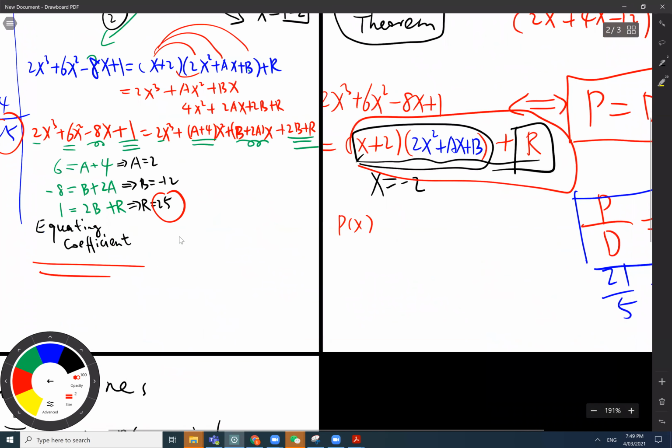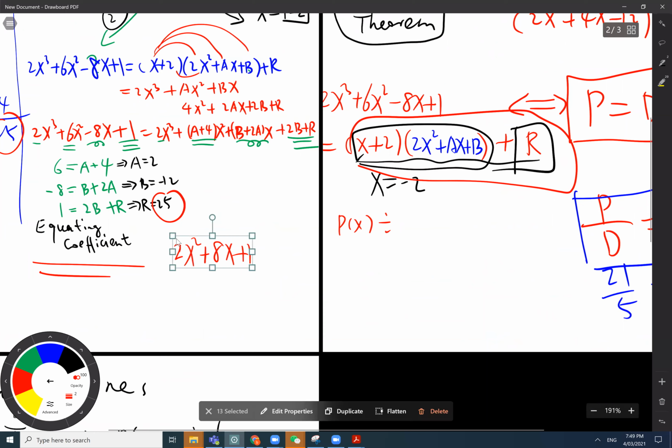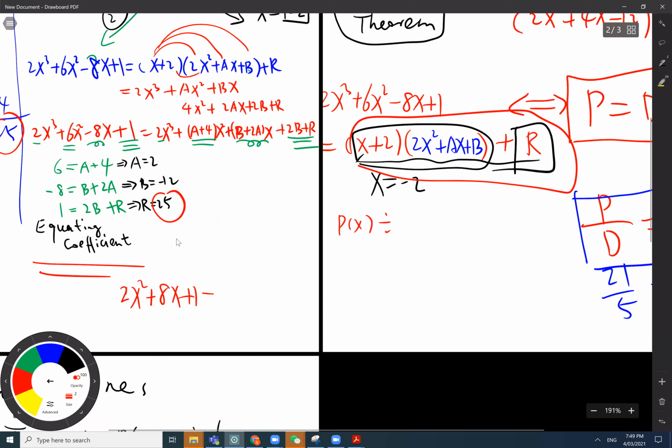Let's write out the remainder theorem. Polynomial p(x) divided by... oh yeah, for example, in this case, you can make x any number.